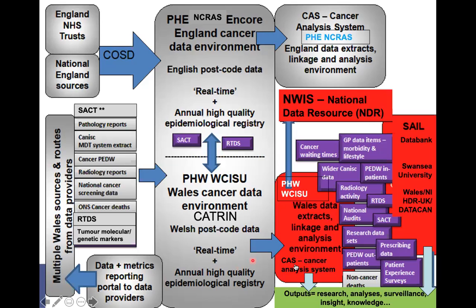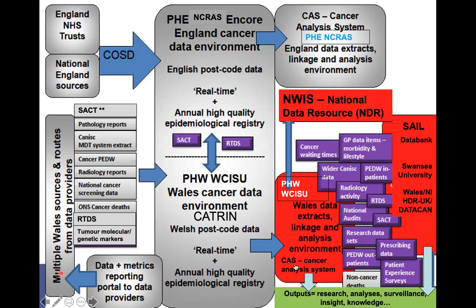So in order to simplify this mainly for my benefit, I'll start over here in Wales. These are the raw routine data sources that come from clinical systems, from vital statistics, such as the cancer deaths from ONS. In Wales, it differs from England.